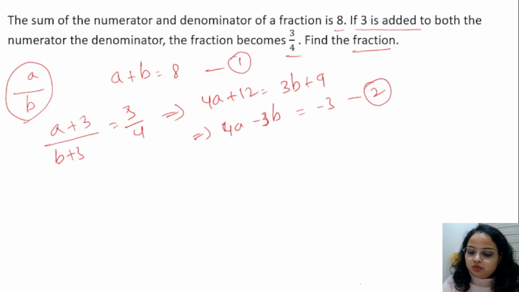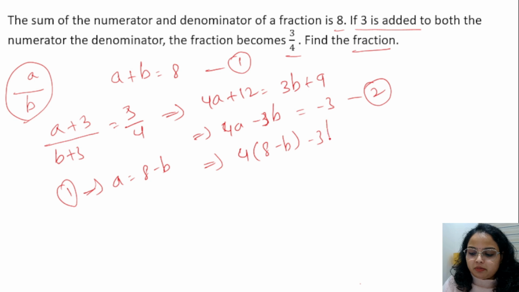For now we will use the substitution method. From the first equation we will find the a value. A is equal to 8 minus b. We'll substitute in the second equation. We'll get 4 into 8 minus b minus 3b is equal to minus 3. Here we'll get 32 minus 4b minus 3b is equal to minus 3.